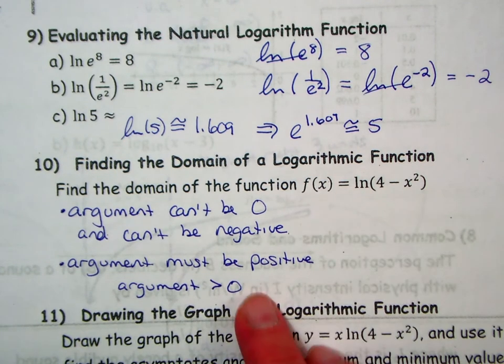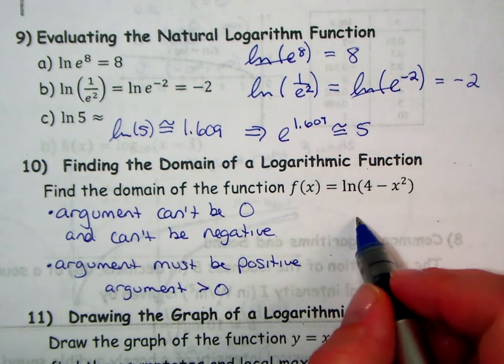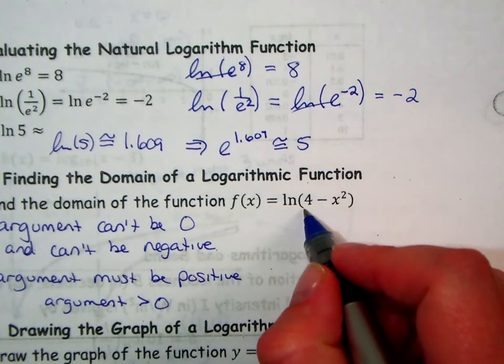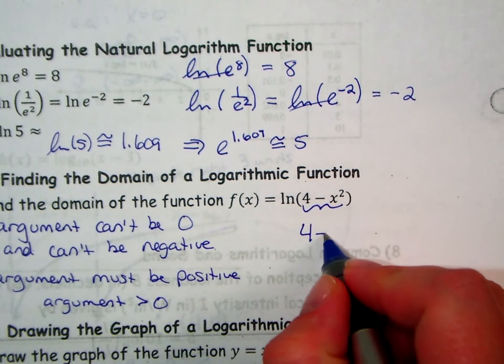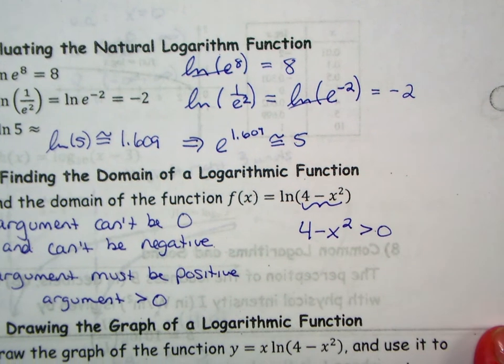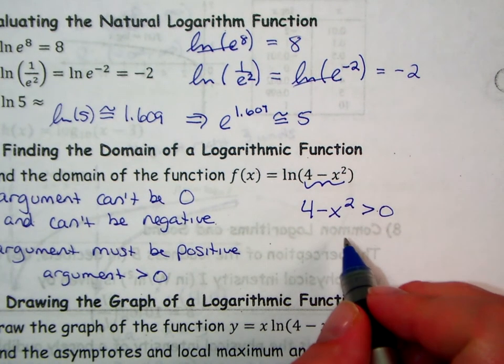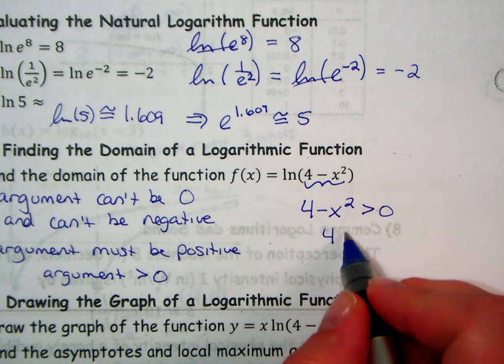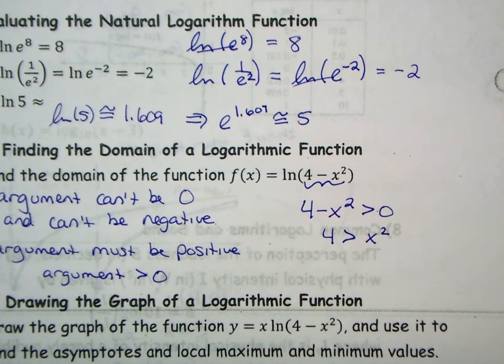It has to be greater than 0. So if I wanted to find the domain of this function, I would take the argument and the argument only, no ln's, and set it greater than 0. And then solve this. And so I get 4 is greater than x squared.